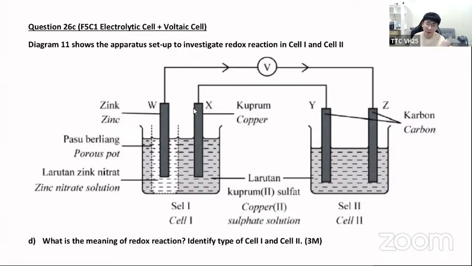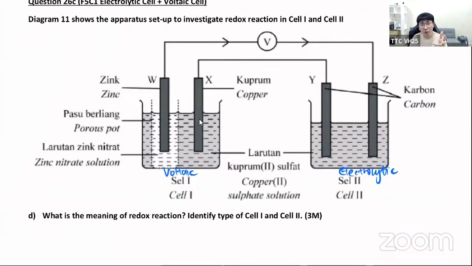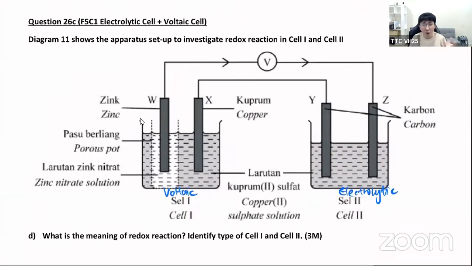So this one is voltaic, and this one is electrolytic. Since we know it has zinc and copper, they actually give you an arrow. Zinc donates electrons. If they ask you to draw this, you're supposed to go backward because you're going to form a complete circuit.